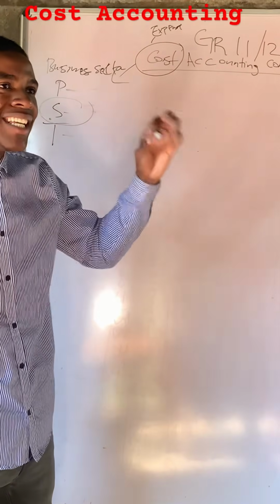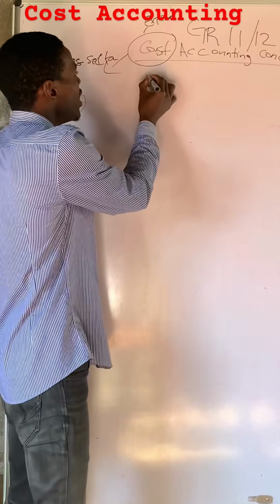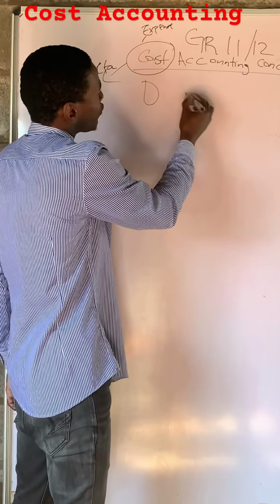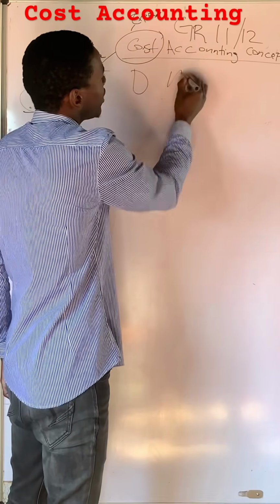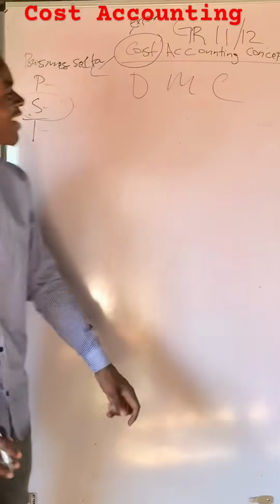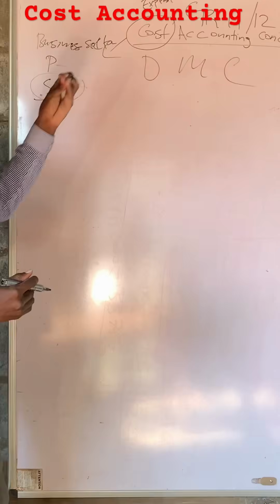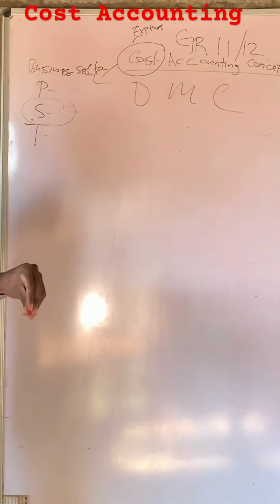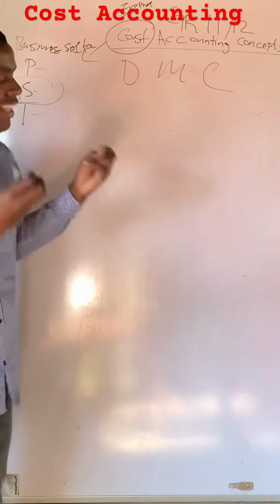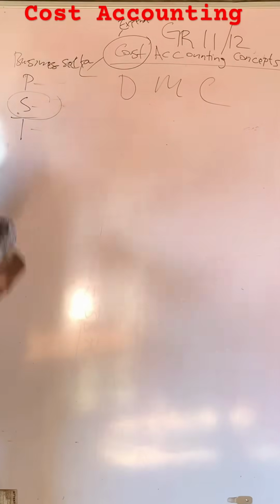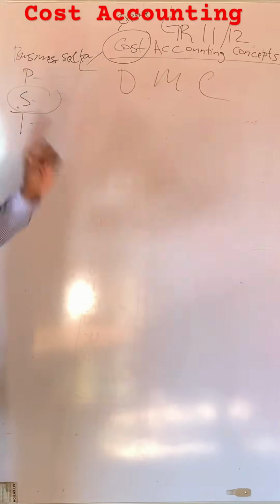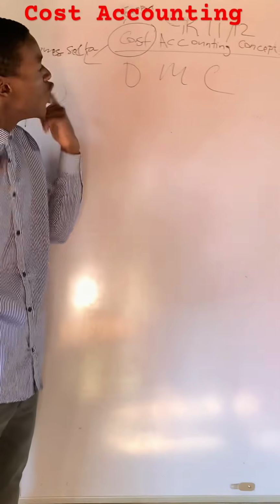Number one, we need direct material cost. Direct material cost is the raw material that is needed for us to produce the goods.